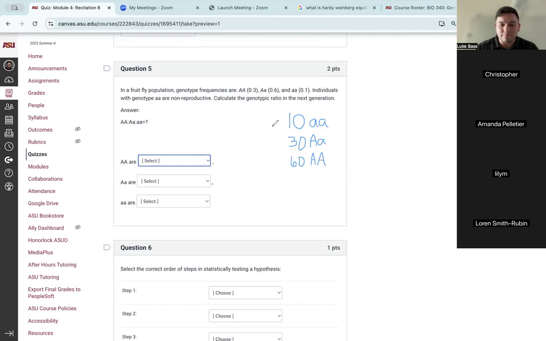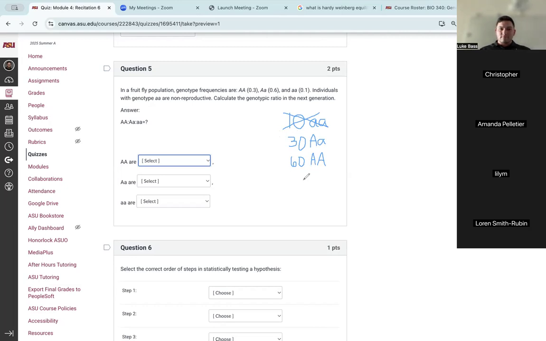Okay, so there's a couple of things we can do here. We know that the 10 aa are not going to mate, it says. Yeah, go ahead and cross them out. All right, so let's look at a couple of different scenarios of how we could get these numbers. What I like to do is take the two extremes, one at the top and one at the bottom.